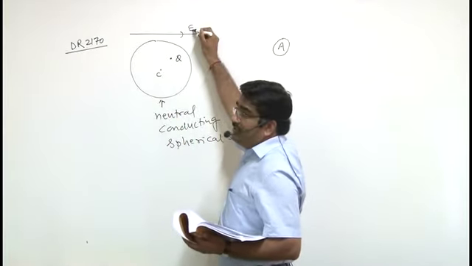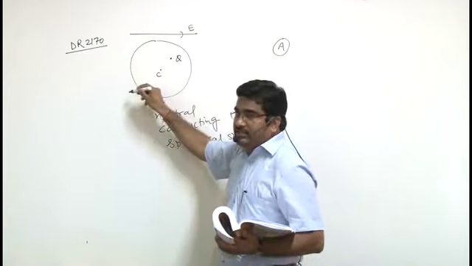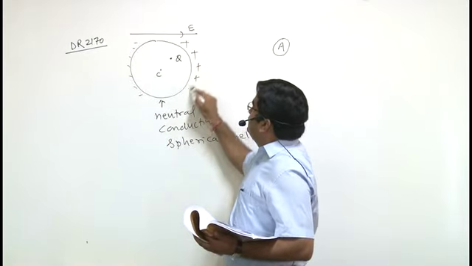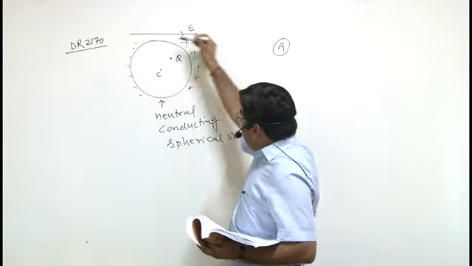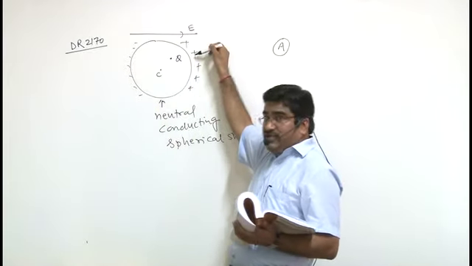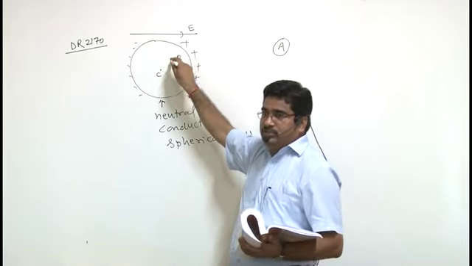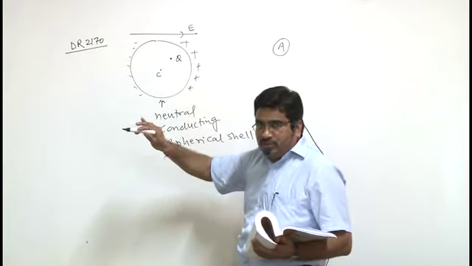Due to this E, charges will be induced on the outer surface of the conductor, minus, minus, minus, plus, plus, plus, something like that. The electric field due to E and the electric field due to these outside charges, together, will be 0 inside. So the electric force due to all of them on this charge will be 0.